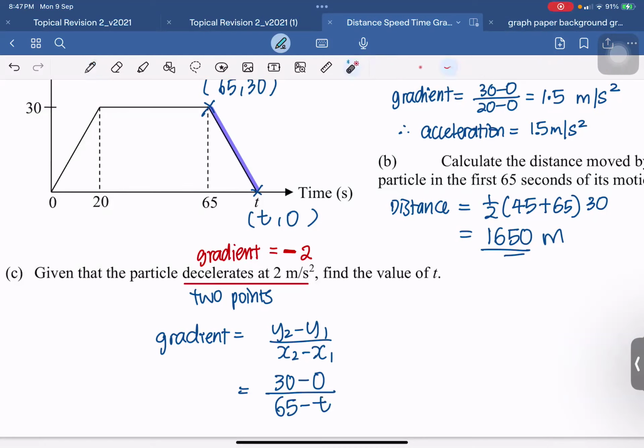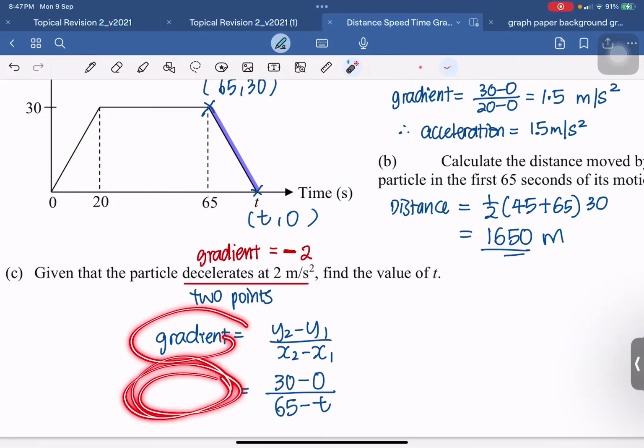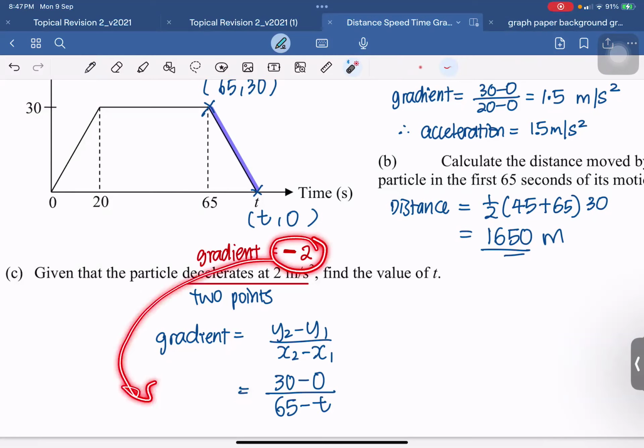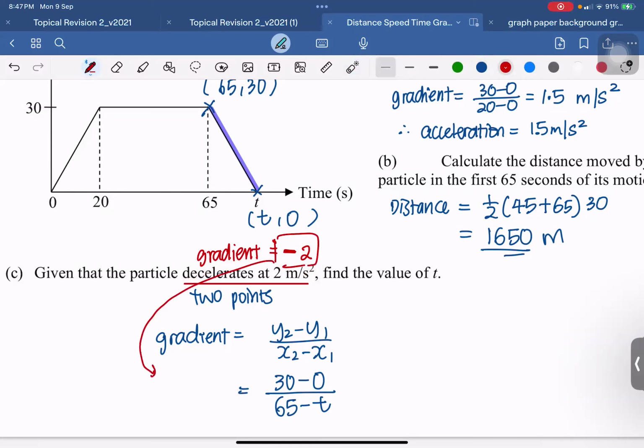But what is the number for the gradient? Negative 2. Very good. Use negative 2, not the number 2, but negative 2. So we plug it inside here.